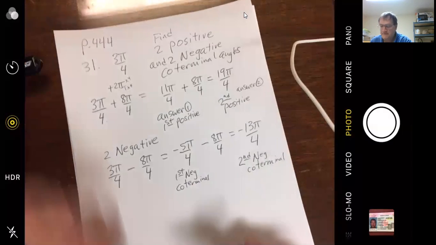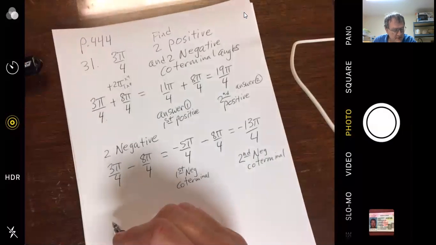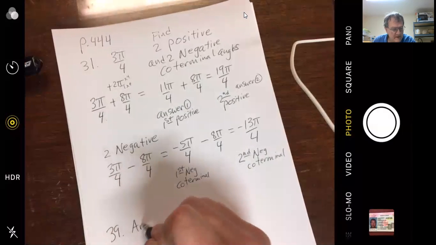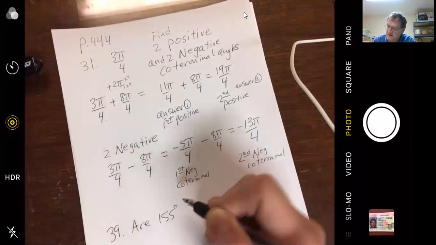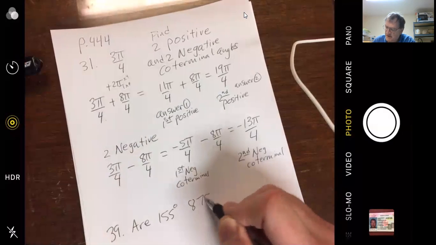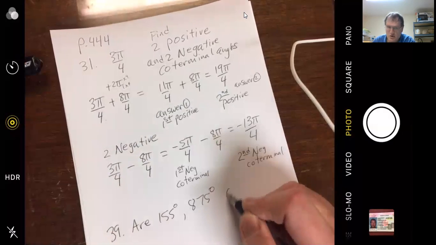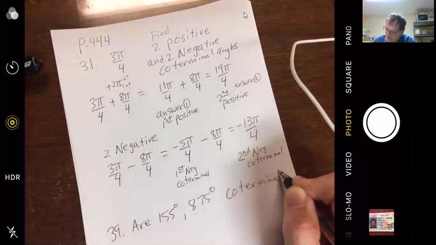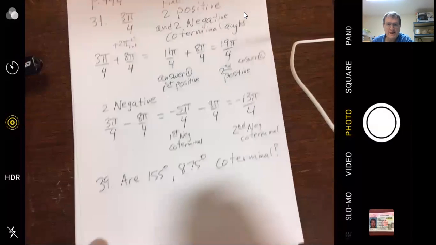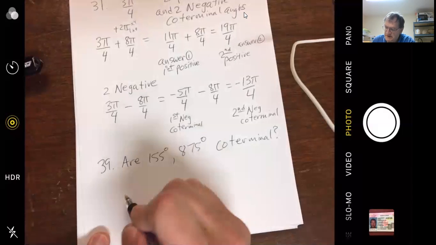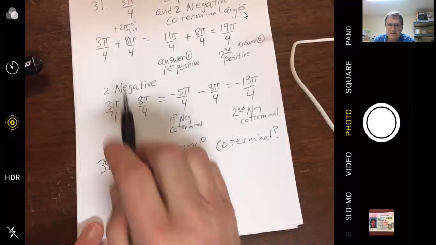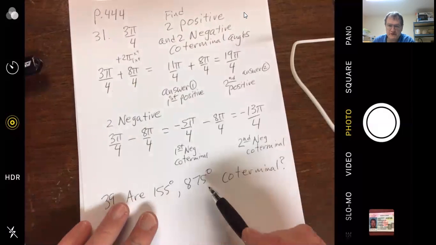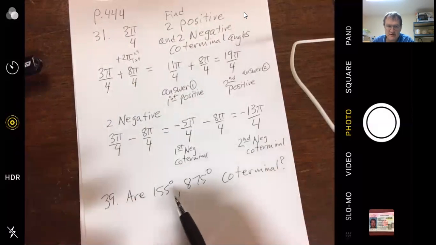So then in that section, we already did 35. Let's see, 39: are 155 degrees and 875 degrees coterminal? It's the same idea. They're just giving you the two angles, and you just add 360 in degrees.